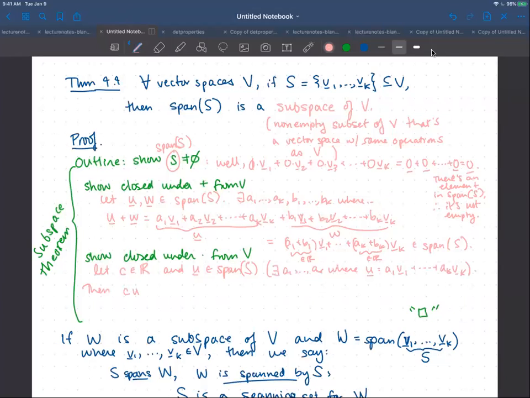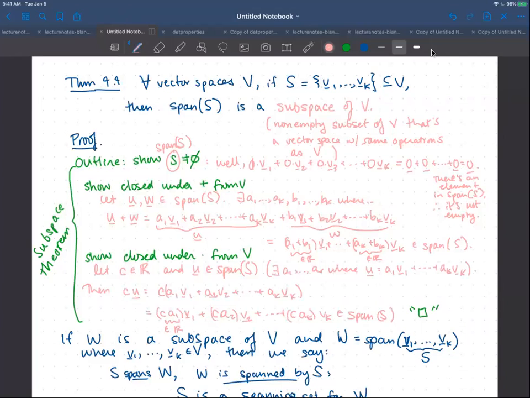Then if we look at C times U, we're going to get C times A1 V1 plus A2 V2 plus and so on, plus AK VK. And you know what I'm about to do. I'm going to distribute that C. So we get C A1 V1 plus C A2 V2 plus and so on, plus C AK VK.